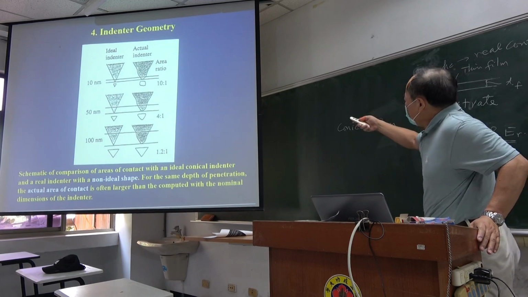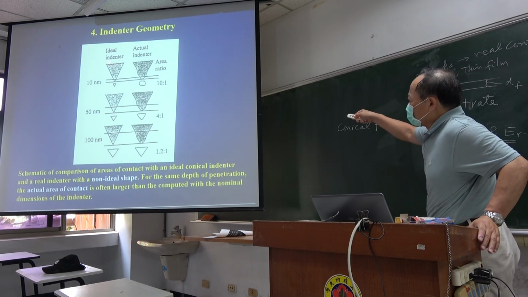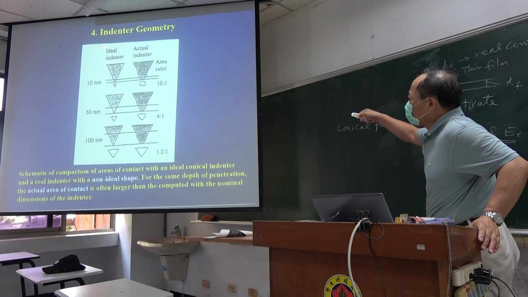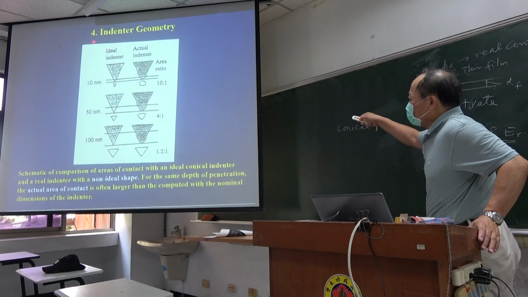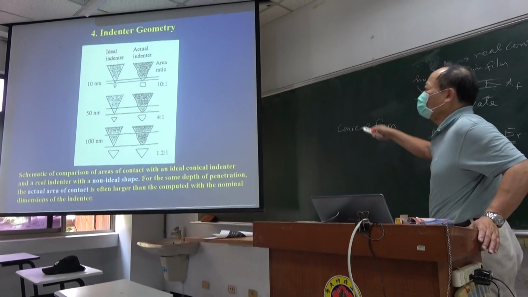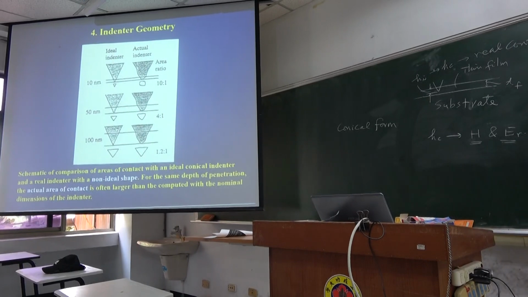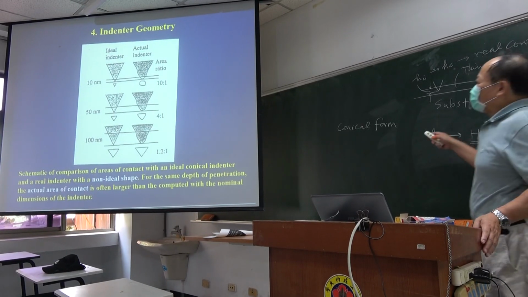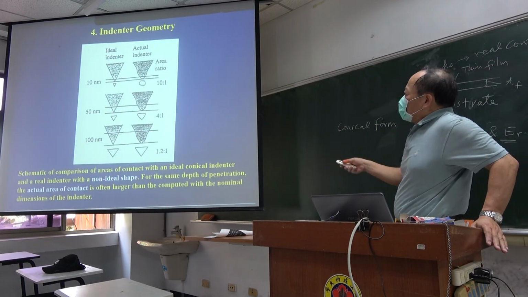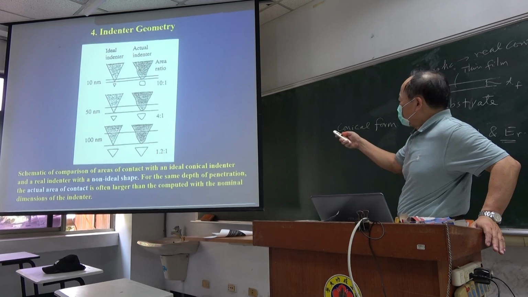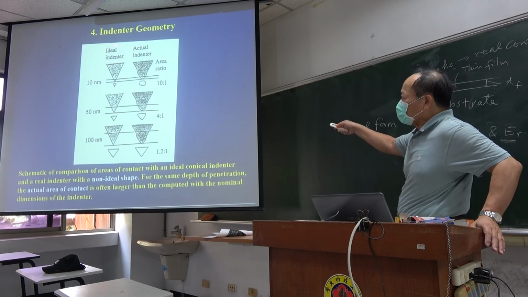So this is the ideal indenter we prepare. We can imagine an ideal indenter, but in reality it is impossible to obtain one. Our theoretical model is developed based on the ideal indenter.